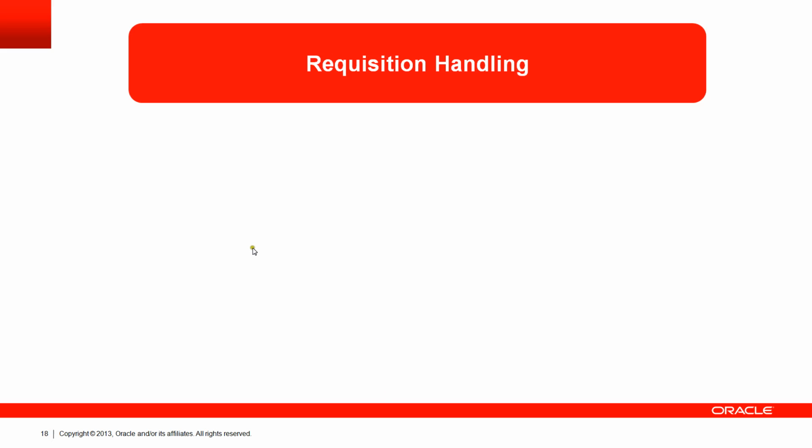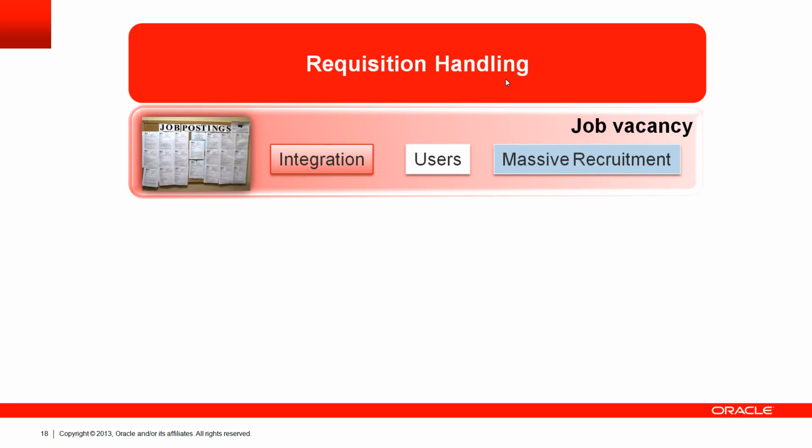So let's start with the requisition handling. First of all, we are going to speak about job vacancies. As I was saying before, there are two options of integration: you start from the vacancy inside the master data, so you already have a profile in master data with all the characteristics, the criteria you want to apply to the candidates, because you have in mind the position that you want to fill.